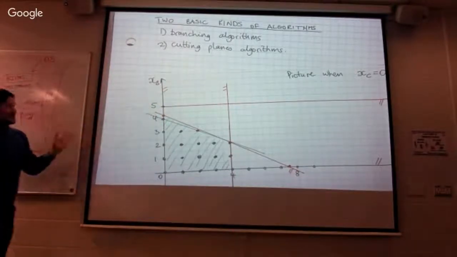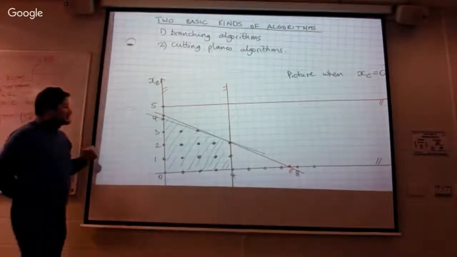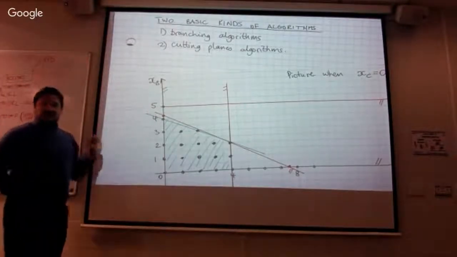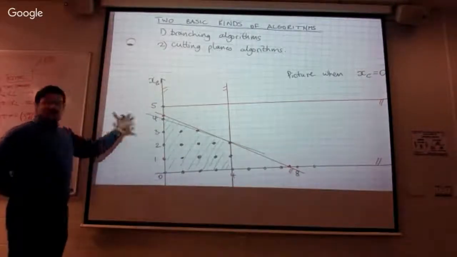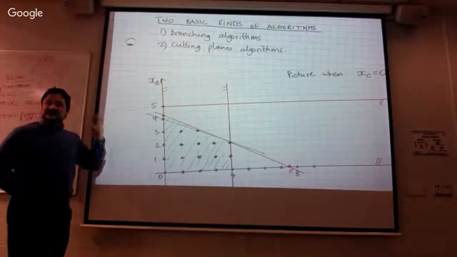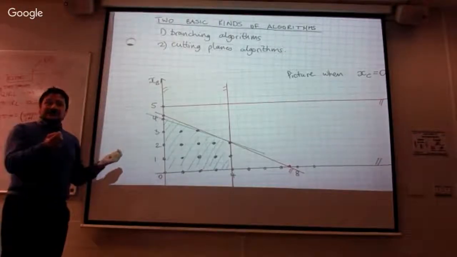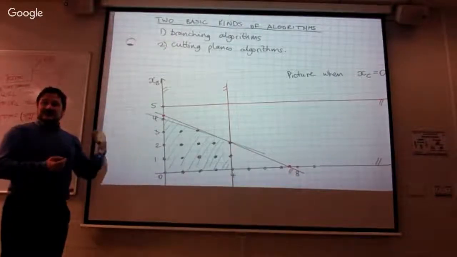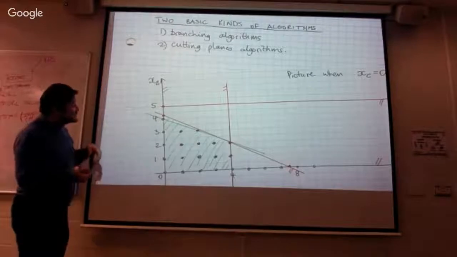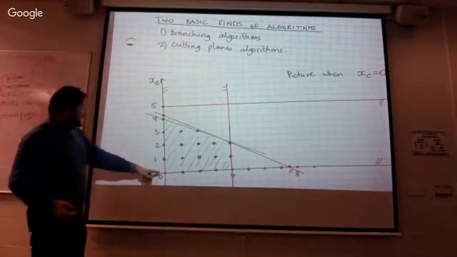And the branching algorithms work in a different way. They try to split the problem into two different subproblems, or even more, and then solve each of the subproblems. For each of the subproblems, you find an optimal solution, then you look at which one is better of the two, and you take the better one. For example, there's XA.